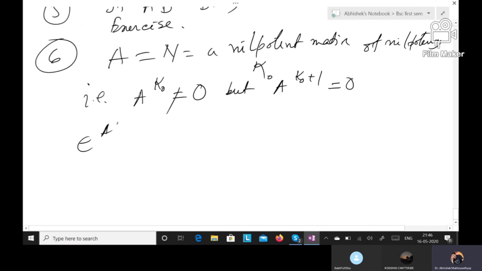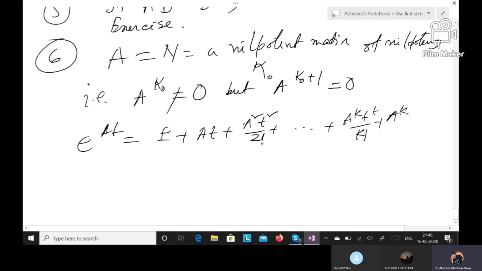Then e to the power at will be I plus at plus a square t square by 2 factorial and so on, plus a to the power k t to the power k by k factorial, plus a to the power k naught plus 1 t to the power k naught plus 1 by k naught plus 1 factorial, and so on.